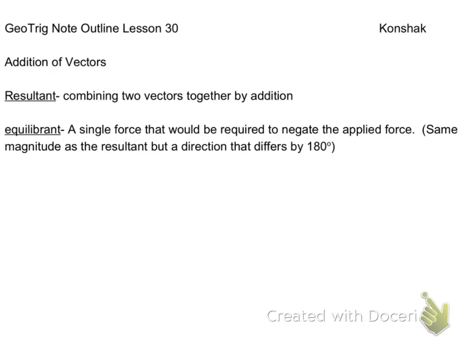The equilibriant is the equal force required to negate the applied force. Basically, it's the opposite of the resultant. And it's not the opposite as in opposite sides, because it still has the same magnitude, it just won't have the same direction.